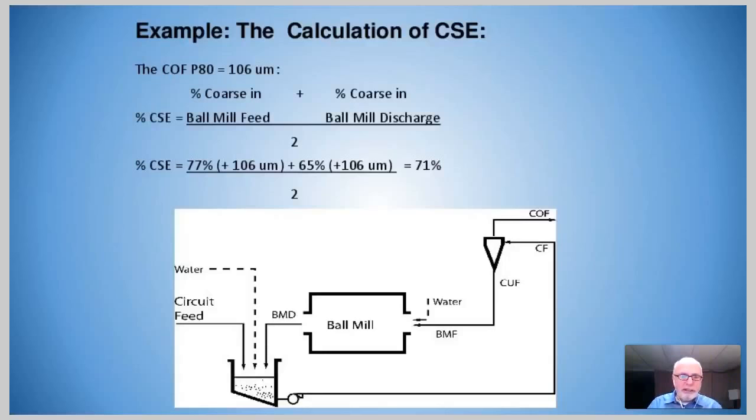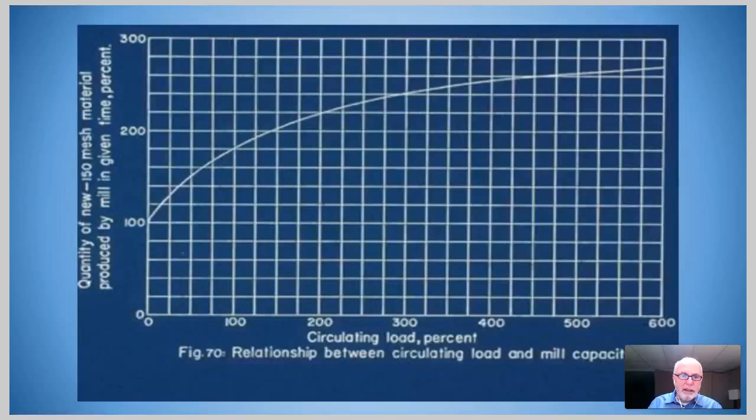Now, Professor Davis also ran a pilot plant in which he operated his circuit first in open circuit, that is with a circulating load of 0, no classification equipment. And then he closed circuited his mill with a classifier and ran it at increasing circulating load ratios.